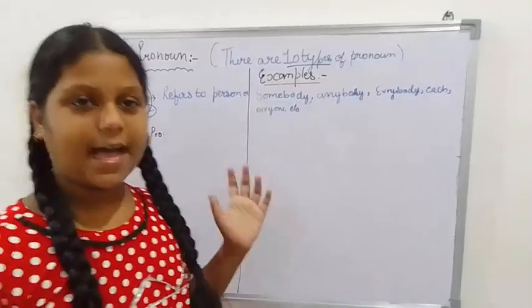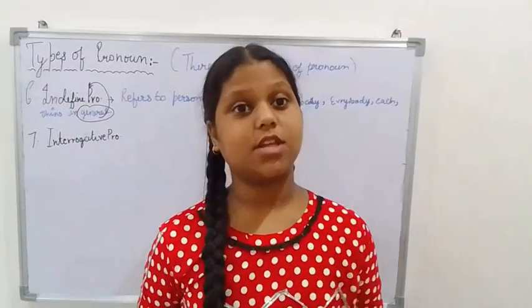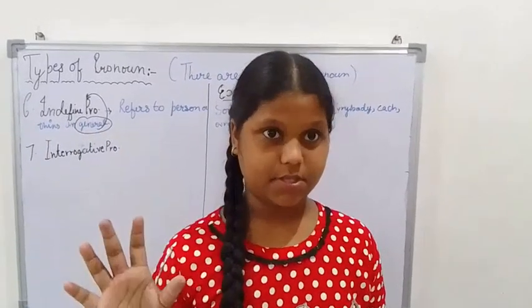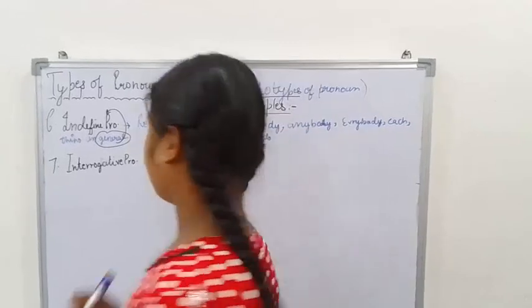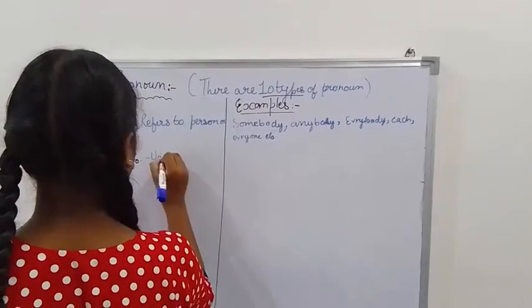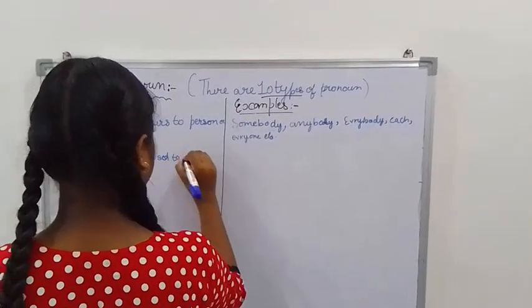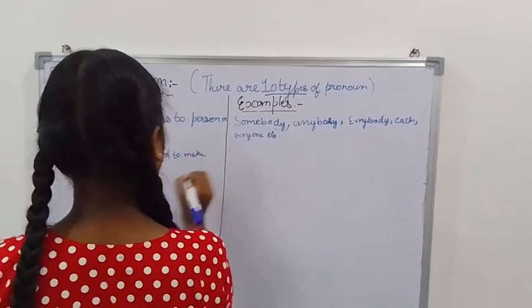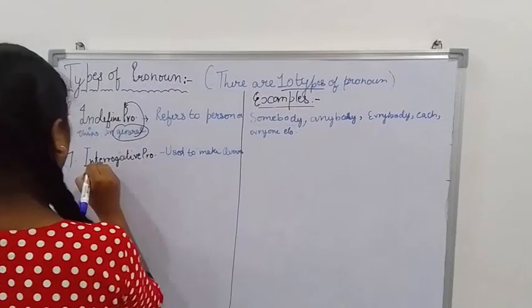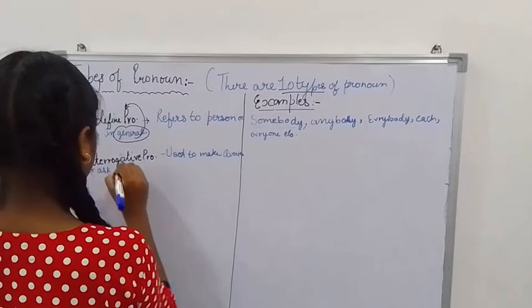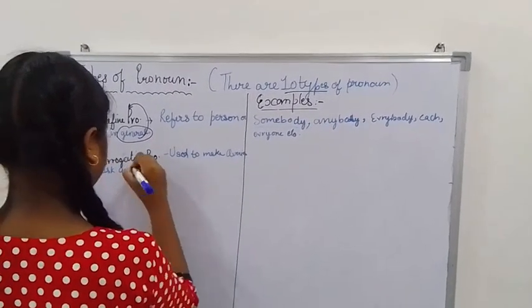Interrogative pronoun. As the name describes, you have studied it a number of times. It refers to or asks a question. It is used to make queries or ask questions.